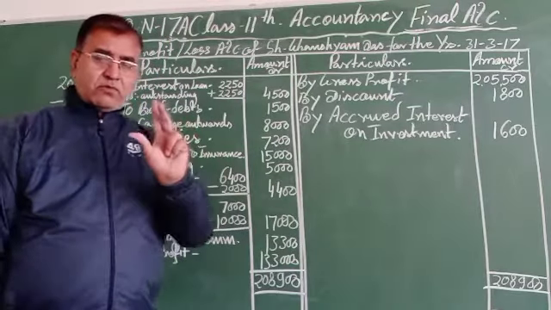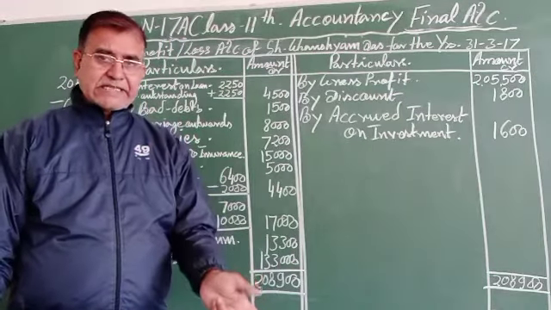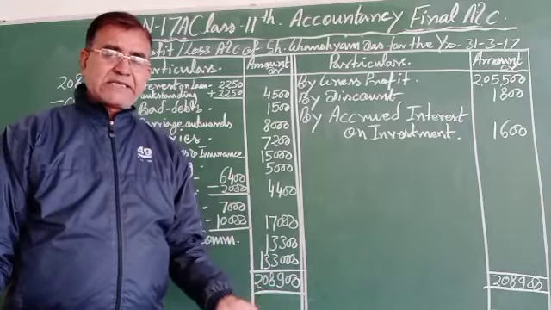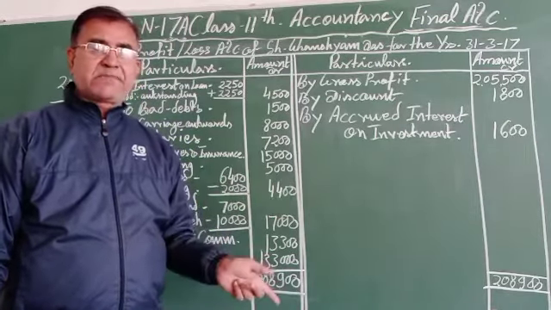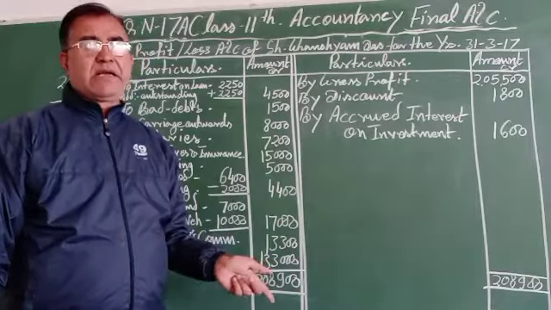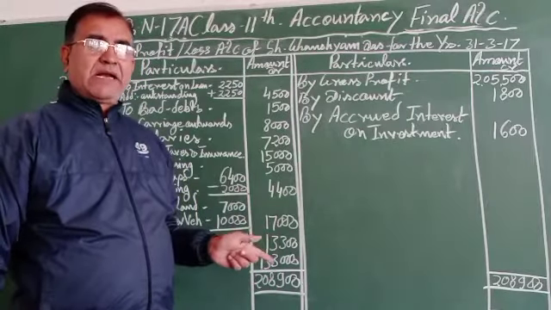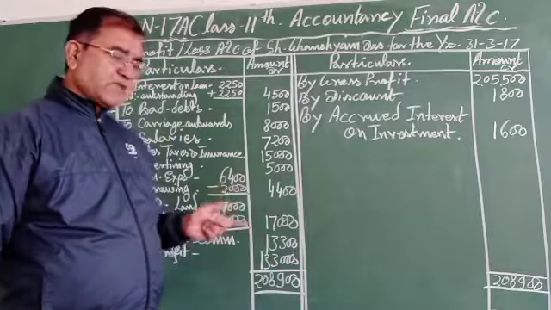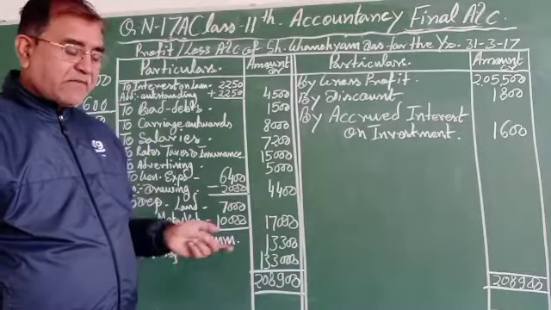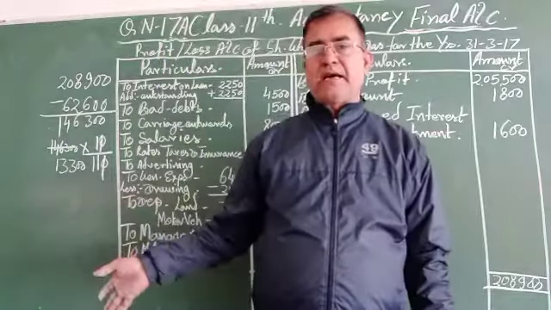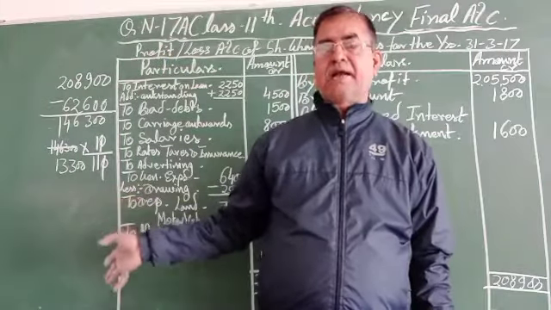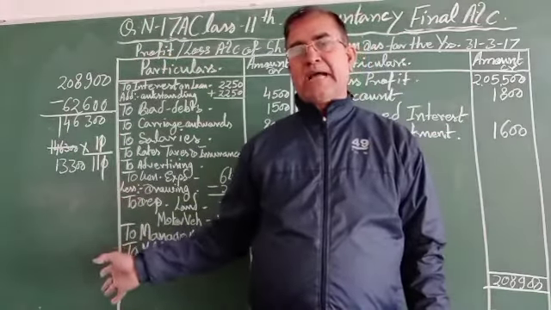And two more new things: outstanding salaries and outstanding expenses given inside the trial balance, and prepaid expenses also given inside the trial balance. Such expenses given in the trial balance will be shown in the liabilities and assets columns of the balance sheet.